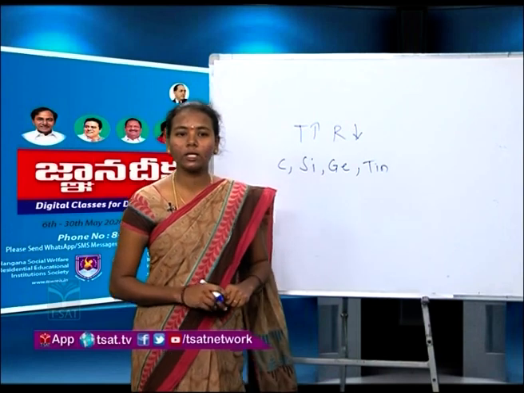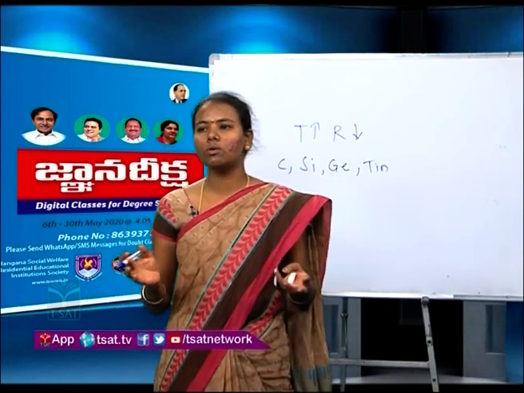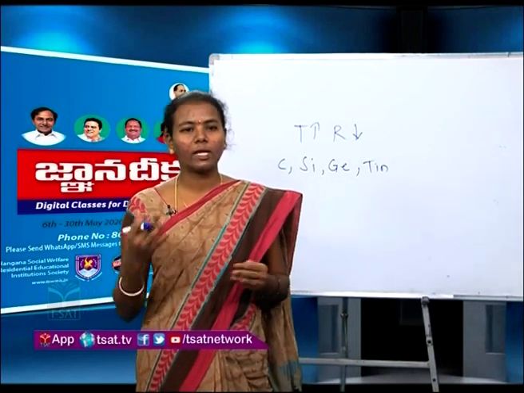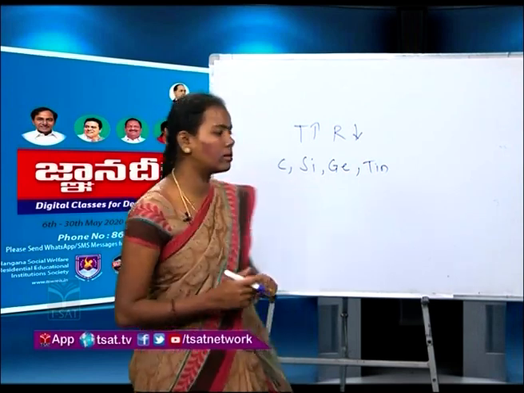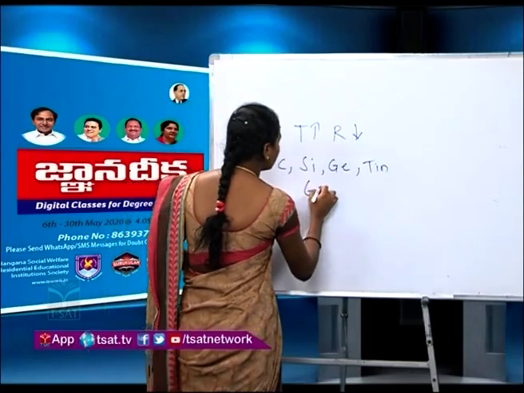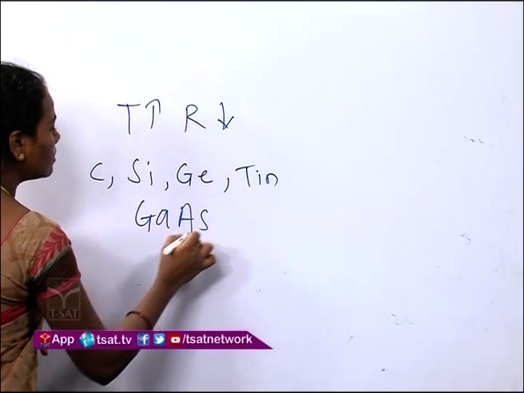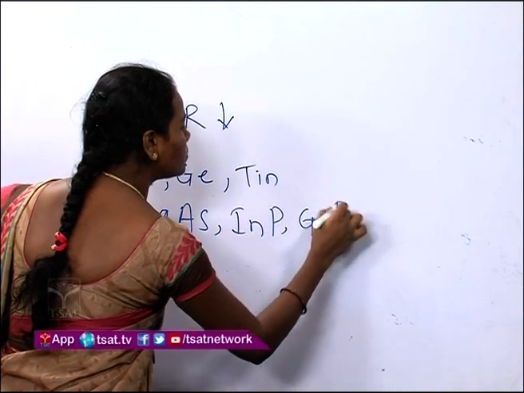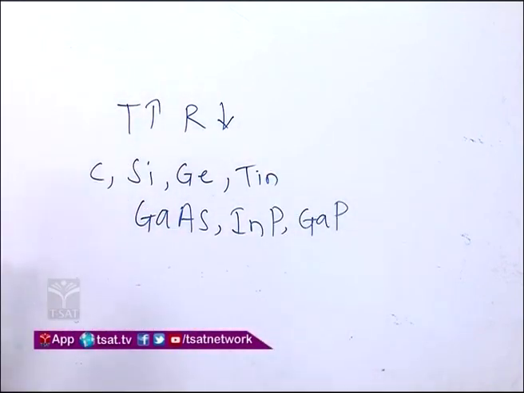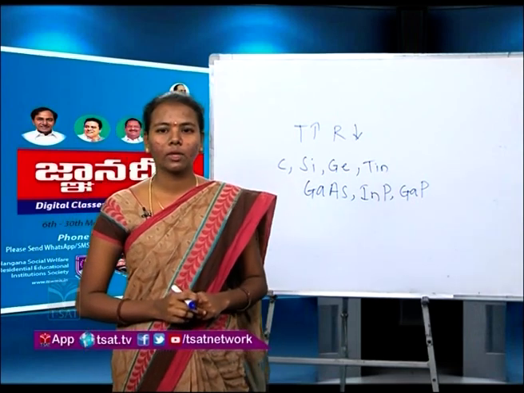And some compounds, that means if you mix two materials, gallium and arsenide, they also make a very good semiconductor. So gallium arsenide, and we have indium phosphide, gallium phosphide. These are all examples of semiconductors.